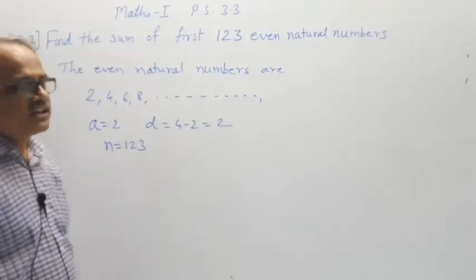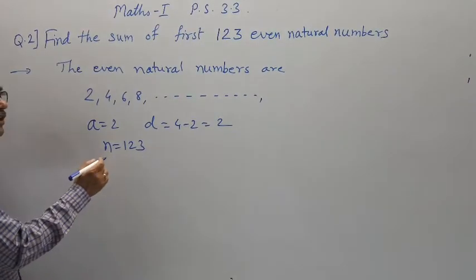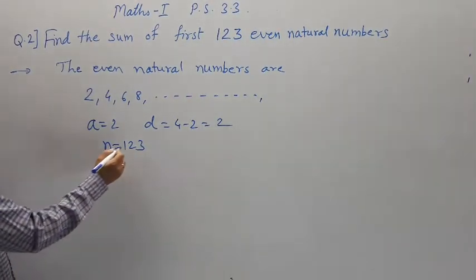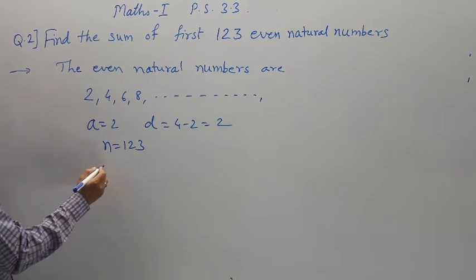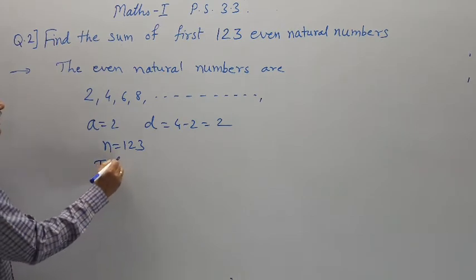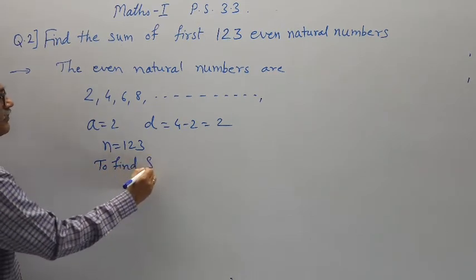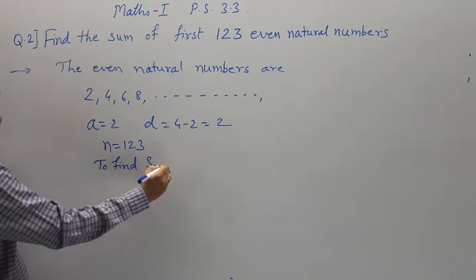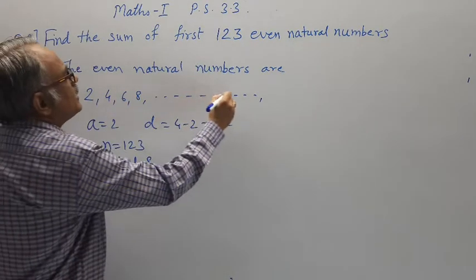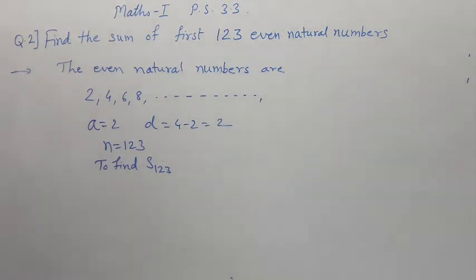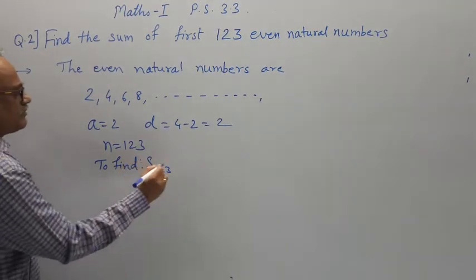We are not to find the nth term Tn, we have to find the sum of first 123 terms, S123, the sum of these terms which are even natural numbers.